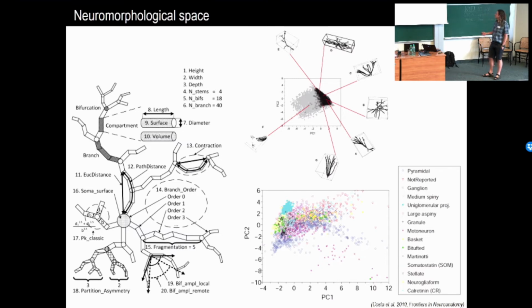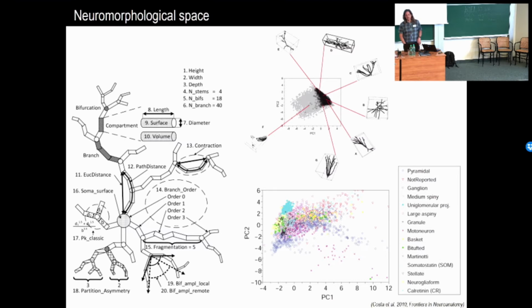For example, if you look at the principal components of a large variety of morphometrics, you can see that you cannot distinguish them. What you can do is compare real dendrites with the set of all possible trees, for example. So this narrows down the morphological space of dendrites. But these morphometrics are not good enough.